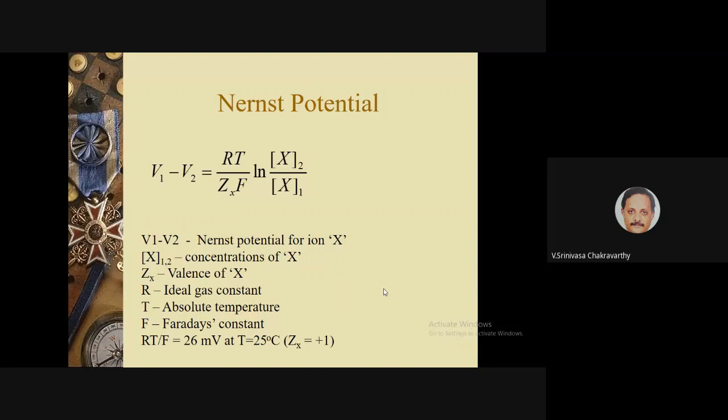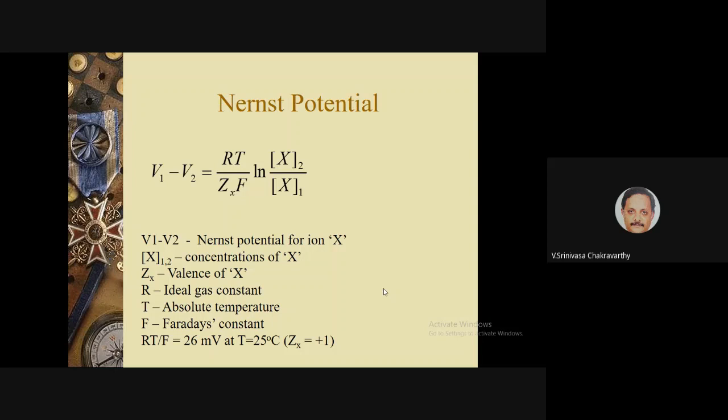X2 and X1 are the concentrations of the ion that is of interest here. So here the ionic species that we'll be considering is the one to which the membrane is semi-permeable. In the KCl case, since it is potassium that is able to cross the membrane, the voltage is generated by the potassium concentration. So chloride doesn't come into the picture.